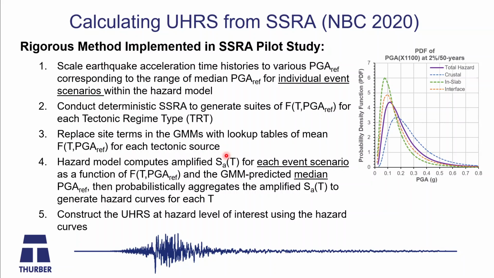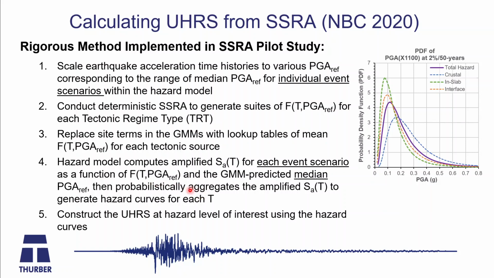Okay, so just like what I described earlier, the GMMs are looking at the median prediction of PGA, typically rock PGA, and then saying, okay, depending on what that median intensity level is, I'm going to come and look up and get the right FFT value that goes with that predicted median PGA for the individual events.